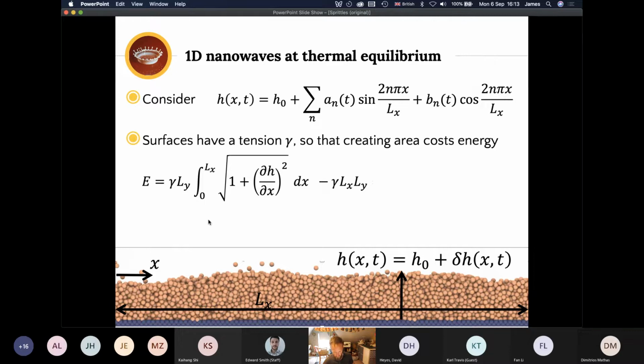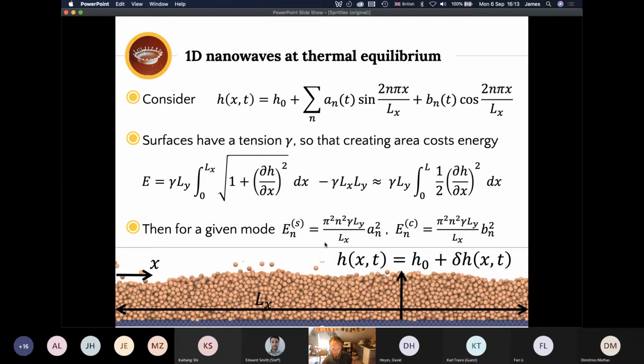The area is just the length into the page times the arc length of this interface, which has this formula. Then we take off the flat case to create the extra energy. We can Taylor expand this for small dh/dx, get this expression here, substitute this into here, and we find the energy associated with each mode.